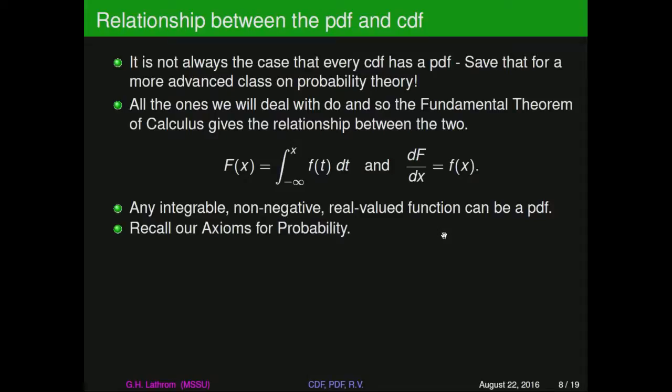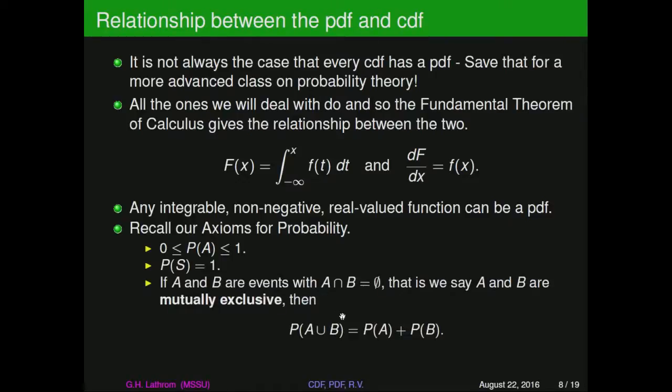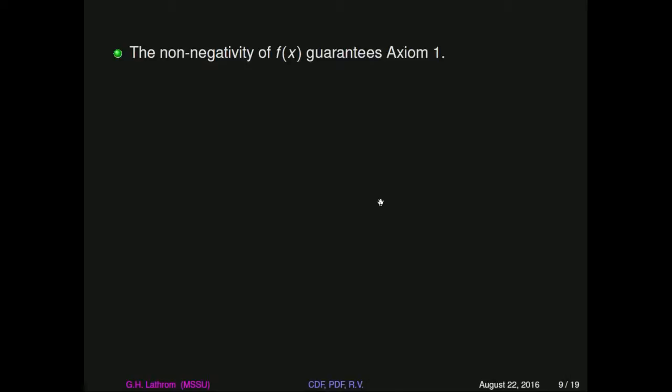Let's recall our axioms of probability that we talked about a little while ago. The probability of any event is between 0 and 1, inclusive. The probability of our sample space is 1. And for mutually exclusive events, the probability that A happens or B happens is the probability of A plus the probability of B. Based on how we defined our CDFs and PDFs, the non-negativity of little f is enough to guarantee axiom 1.